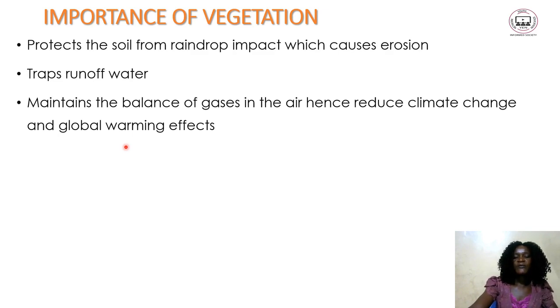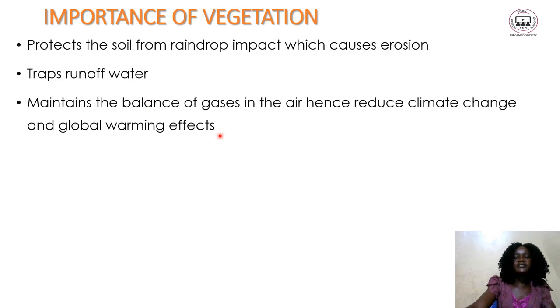Carbon dioxide, we are going to learn in Form 2 on climate change. Carbon dioxide is one of the harmful gases. Of course, it is essential to vegetation because it helps when they are making their own food. But if there is a high concentration of carbon dioxide in the atmosphere, it may cause climate change and global warming.